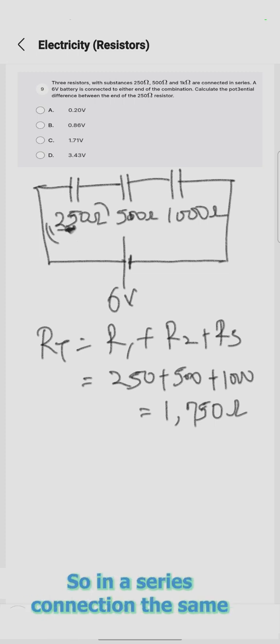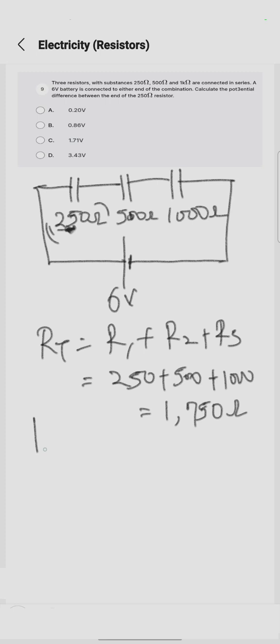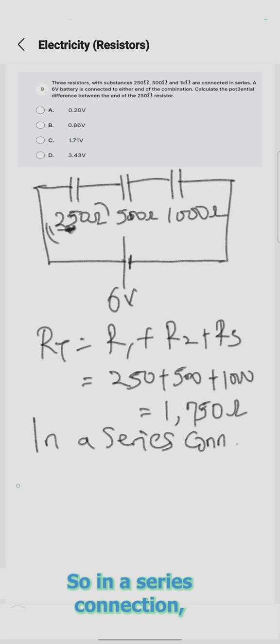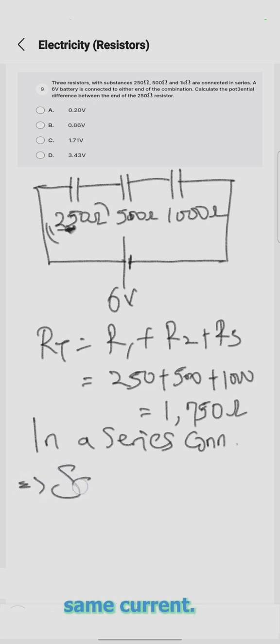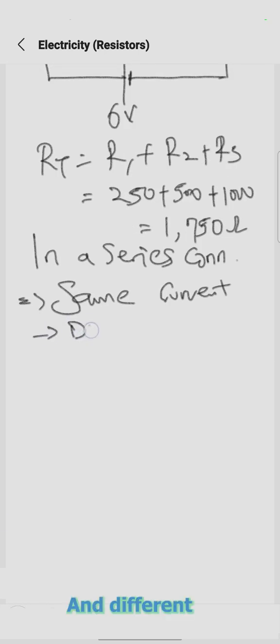So in a series connection, the same current and different potential difference.